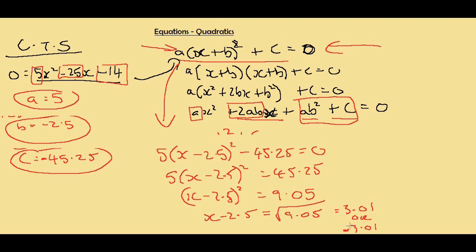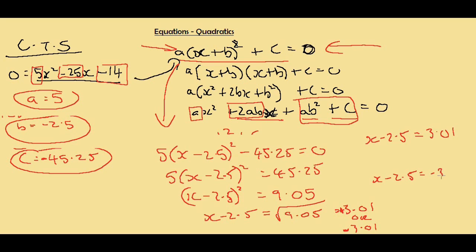So basically, similar to the formula, we get a plus and a minus. So we say "or", and that's where we get the two different answers. So now we say x minus 2.5 equals plus 3.01, or x minus 2.5 equals minus 3.01.